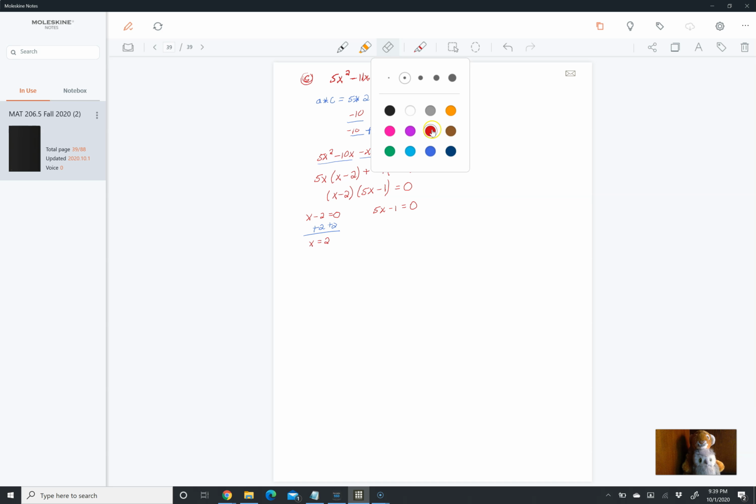In the second one, we're adding 1 to both sides, leaving us with 5x equals 1. And then we just have to divide both sides by 5. So our root is x equals 1 over 5.